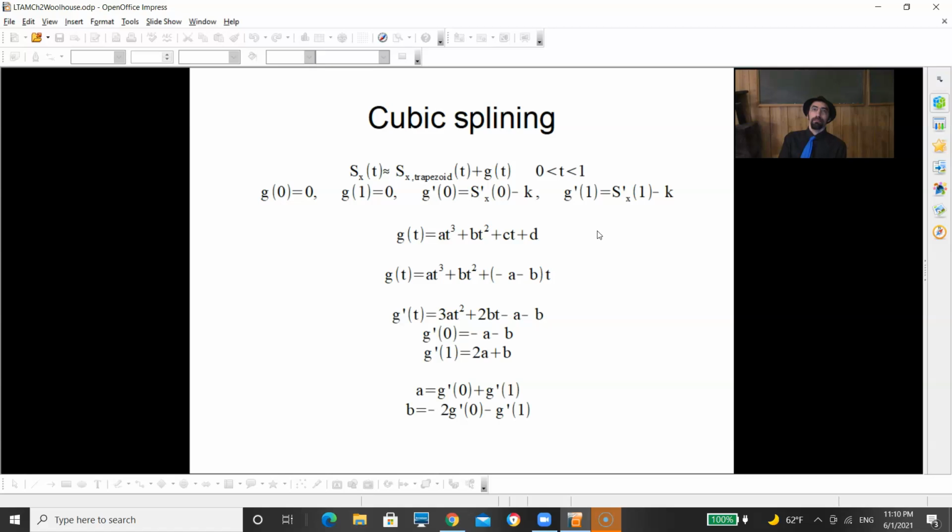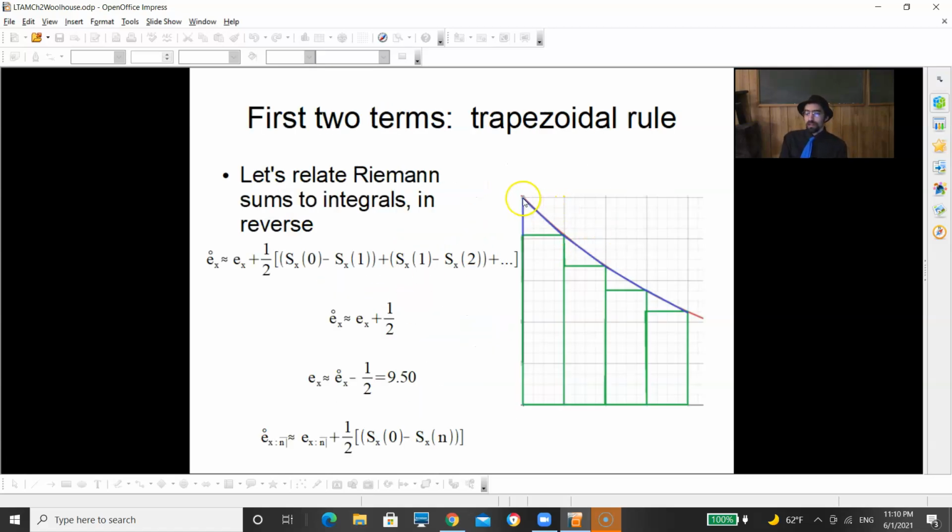And if you were to match, let me go back one slide. Here, I'm approximating this red curve by just connecting the dots in straight lines. What if instead of just connecting straight lines, I had to match the value at the endpoint of each segment, so here to here. I had to match the value here, and slope here, and slope here.